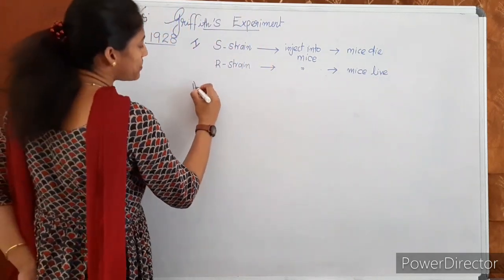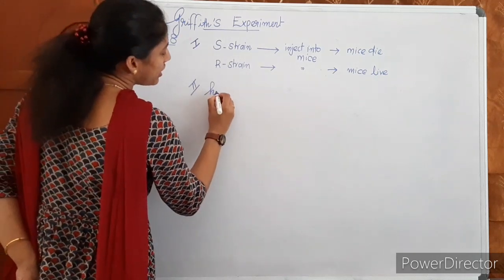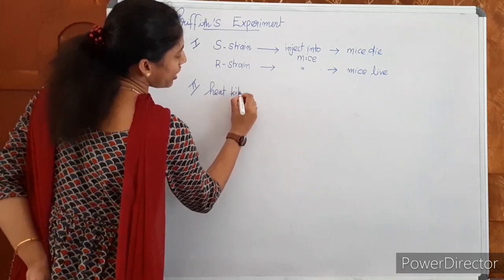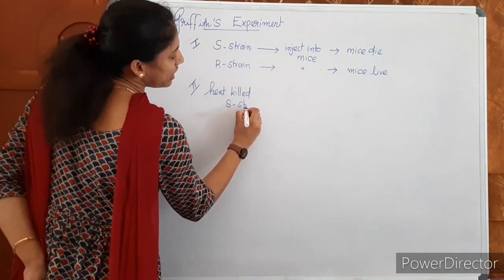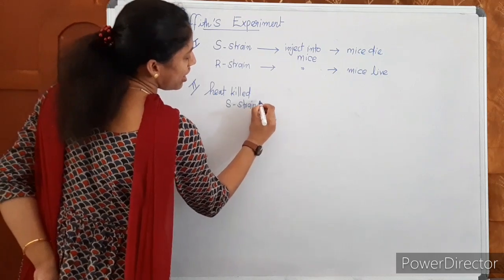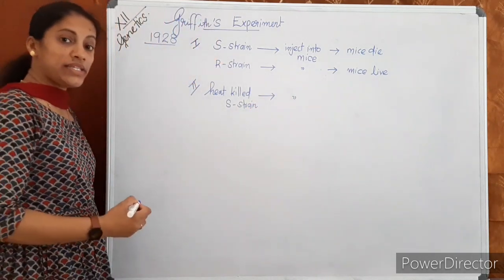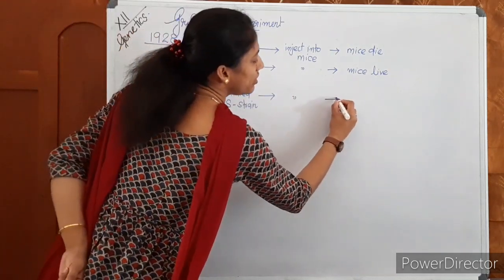In the second set of experiment, he killed the S strain by heating. He used heat-killed S strain and injected it into mice. What will happen?